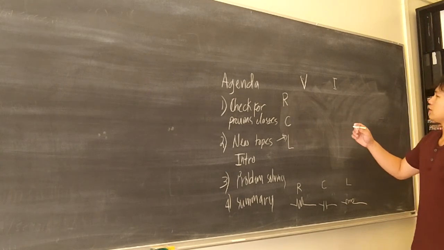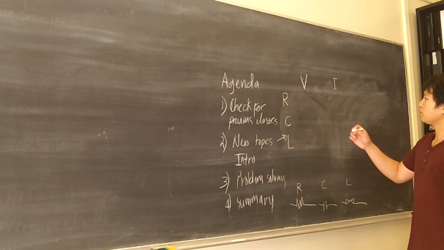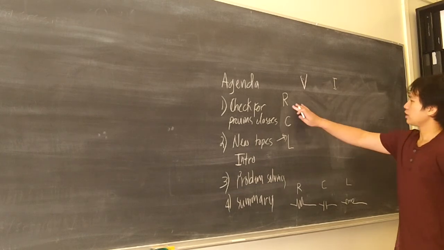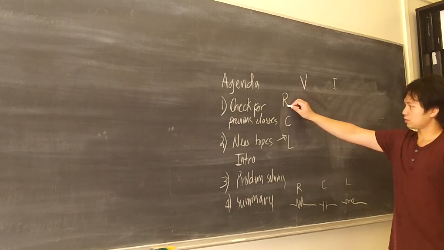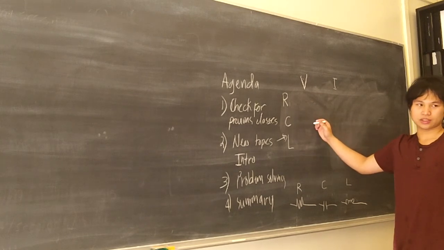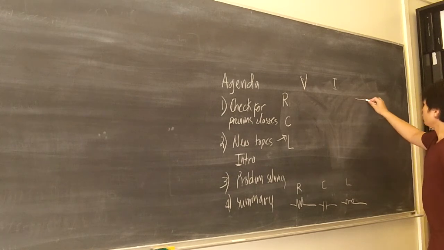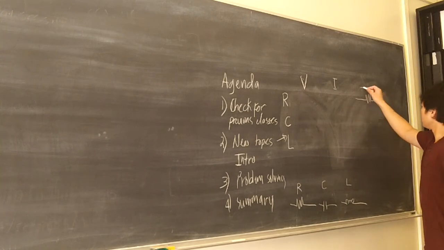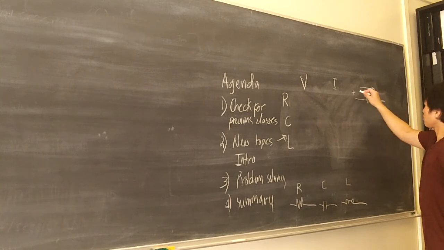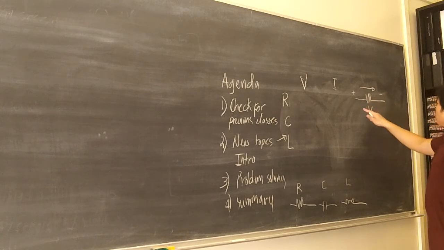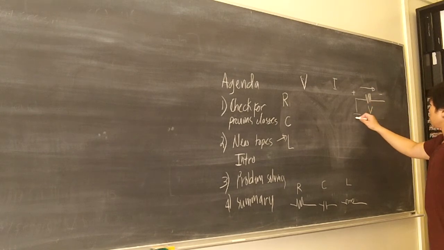So what's the voltage when you compute for the voltage in a resistor? How do you compute the voltage across the resistor? For example, you have a resistor in a loop with a voltage source.